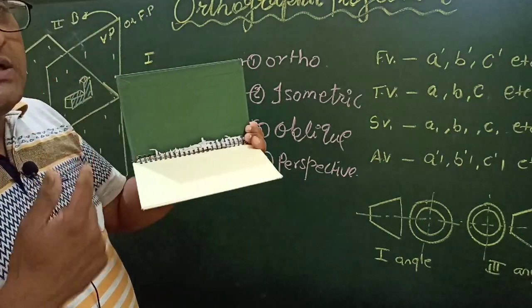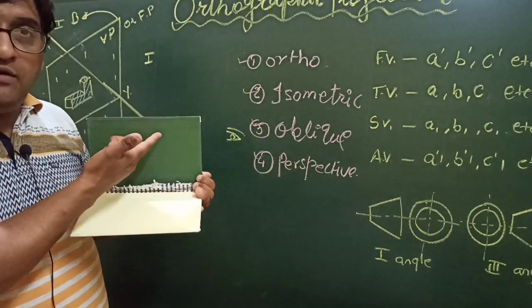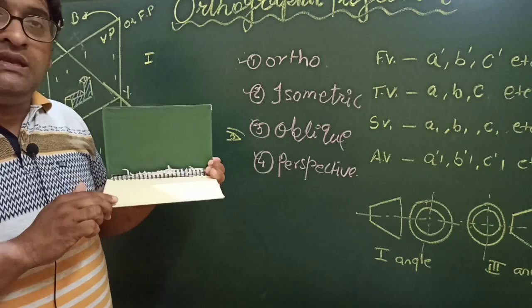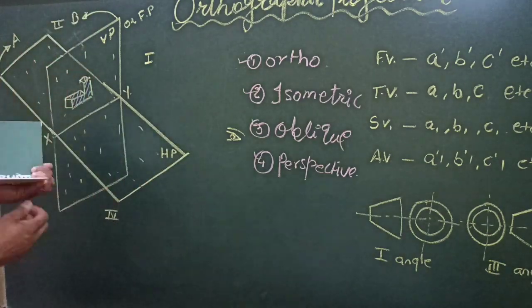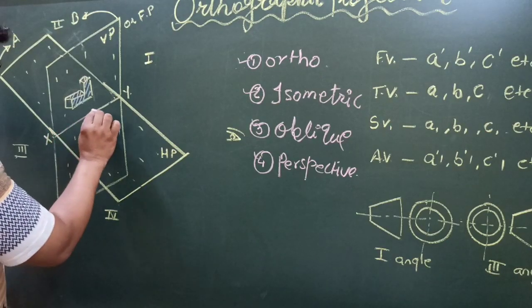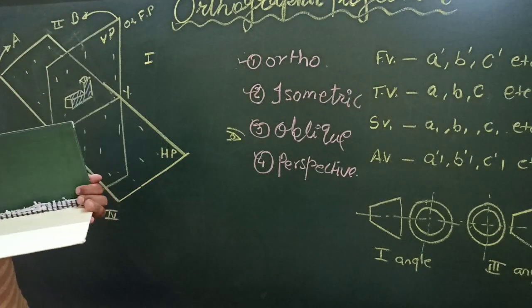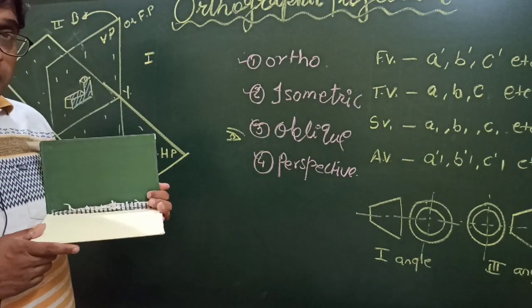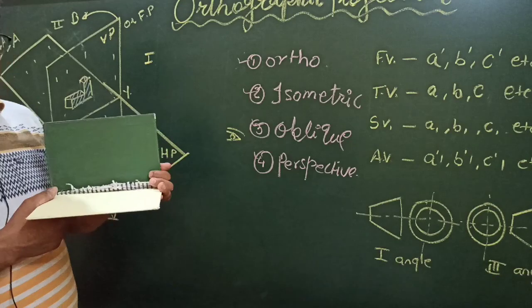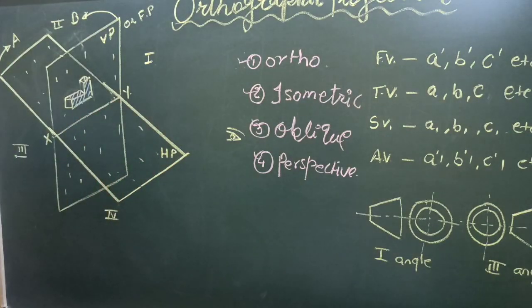This vertical plane is also termed the frontal plane, FP or VP. This is the horizontal plane, HP, right? The line on which these two planes are intersecting is called the reference line or line of intersection of the reference planes. So these planes are called reference planes, and this line is called the reference line.